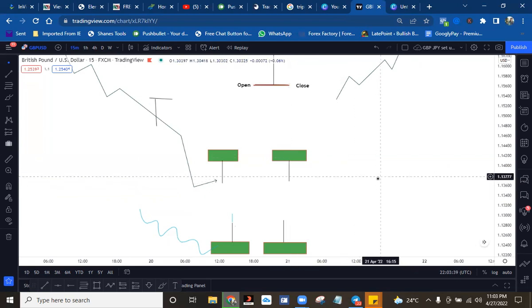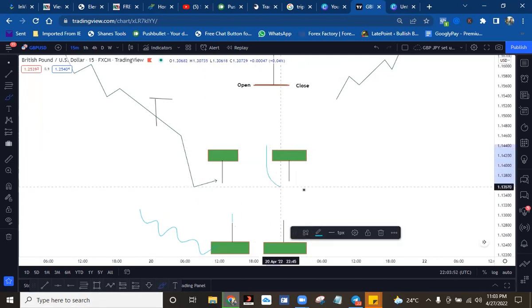You don't need someone to tell you that the bears pushed down and the bulls rejected it and even pushed up. You don't need someone to tell you that in this candlestick the bulls were actually strong. That's just a simple way to study the candlesticks without having to cram the name.